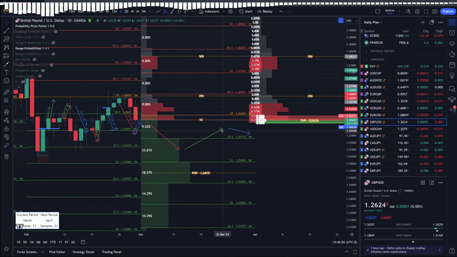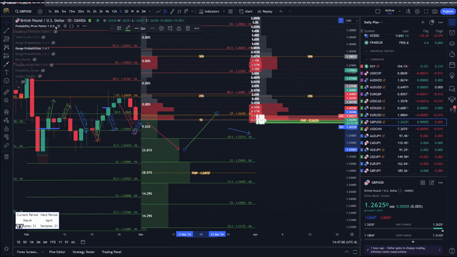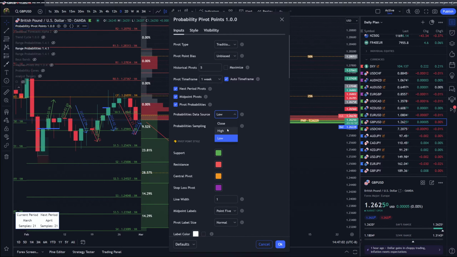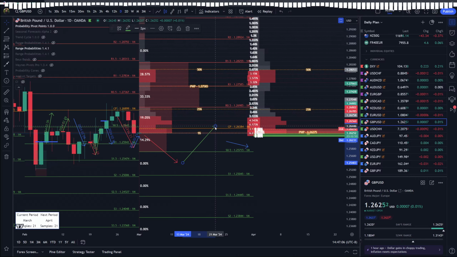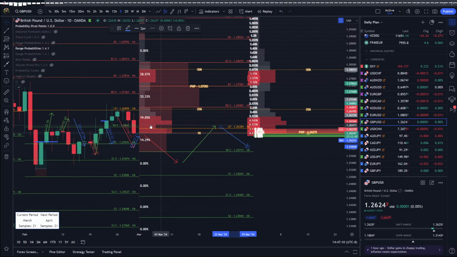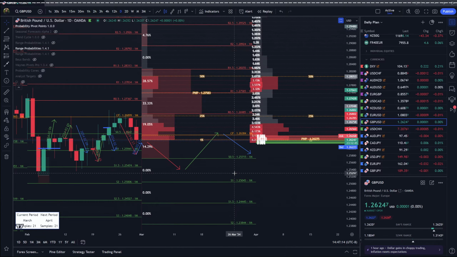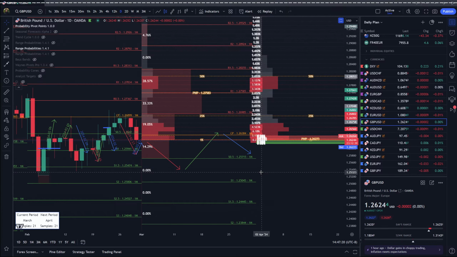Now let's look at our highs, probably up to around here. That would be quite a conservative high. That would not be good, but again, the pound is not in the best of conditions. The UK is not in the best of situations economically.